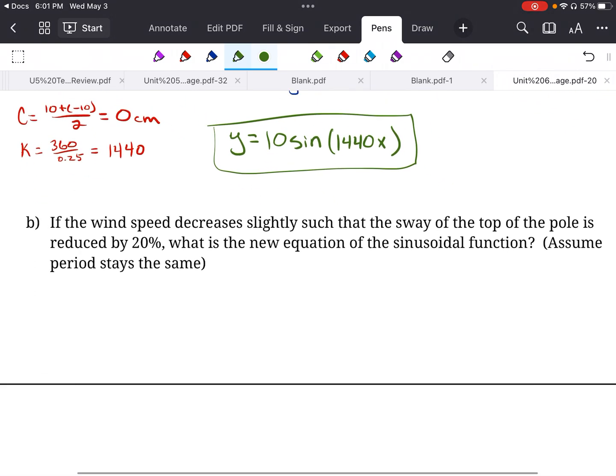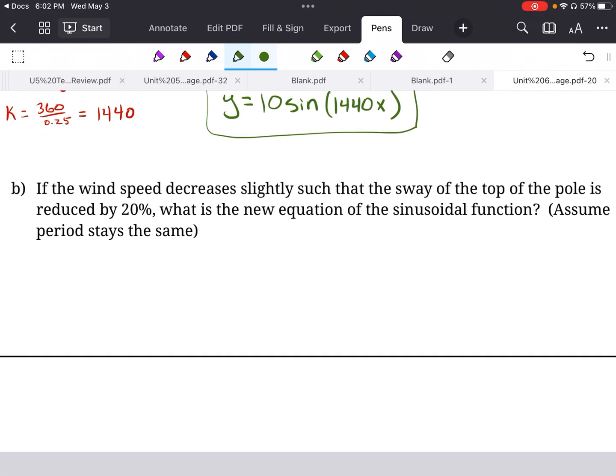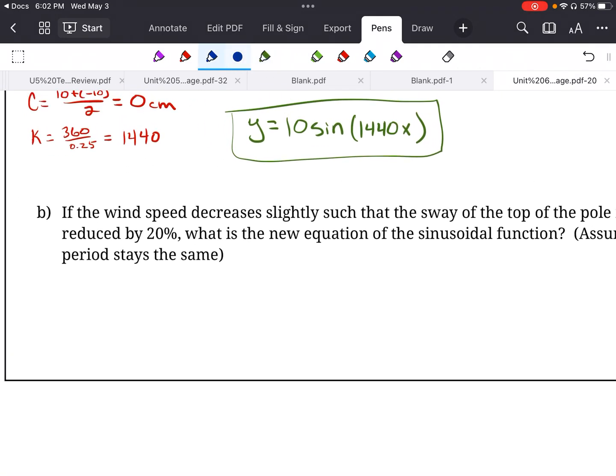If the wind speed decreases slightly such that the sway of the top of the pole is reduced by 20%, what is the new equation of the sine function? Assume the period stays the same. So all that's changing here is the maximum and the minimum. It's reduced by 20%, which means that it is 80% of what it used to be.